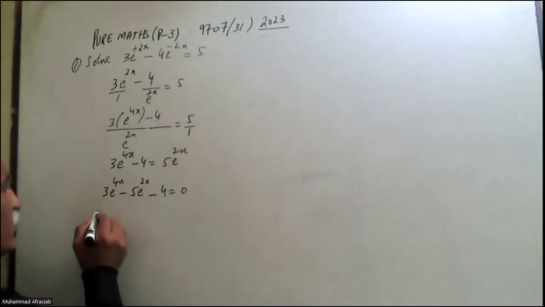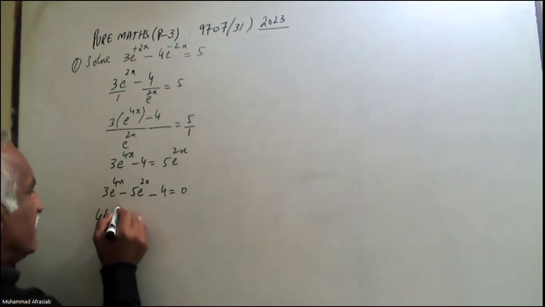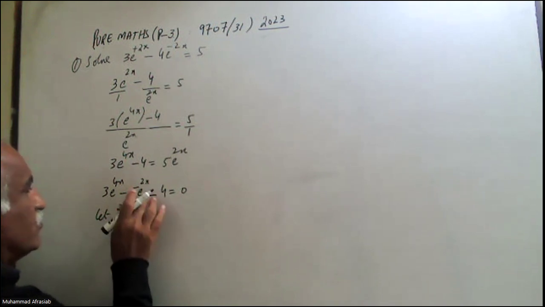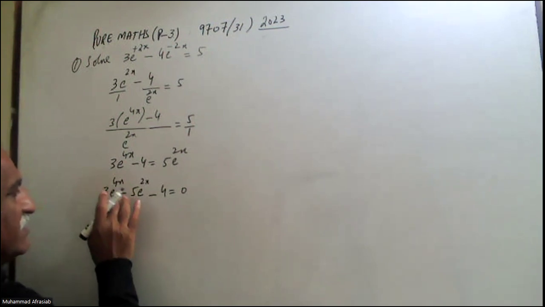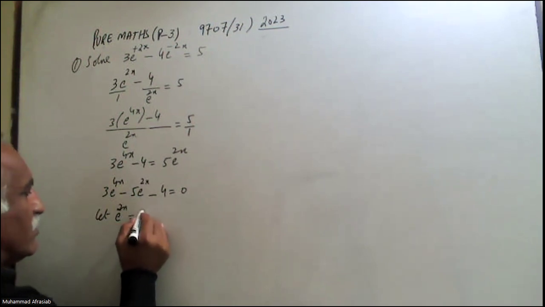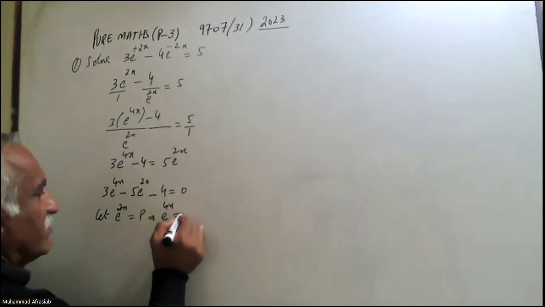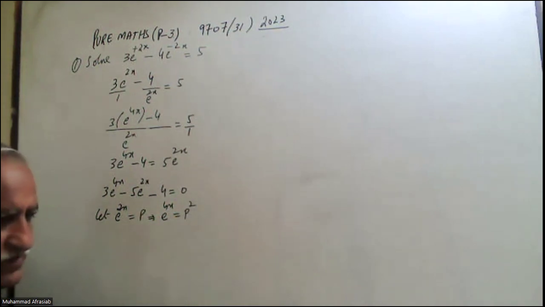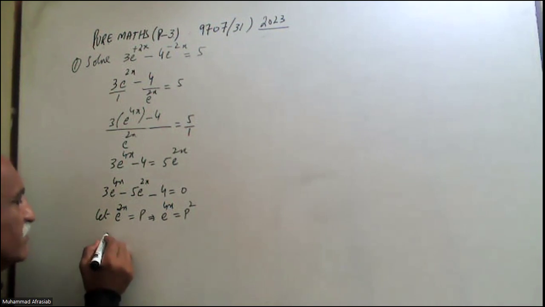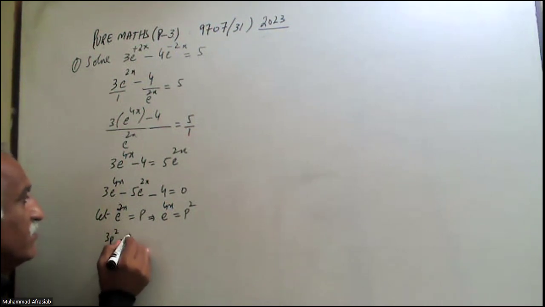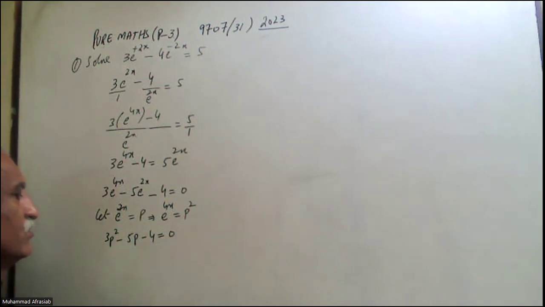Now we can suppose let e^(2x) be, because it is 2x and it is 4x, it is half of the power. So we call this thing p. So e^(4x) will become p squared. So this expression will become 3p squared minus 5p minus 4 is equal to 0.